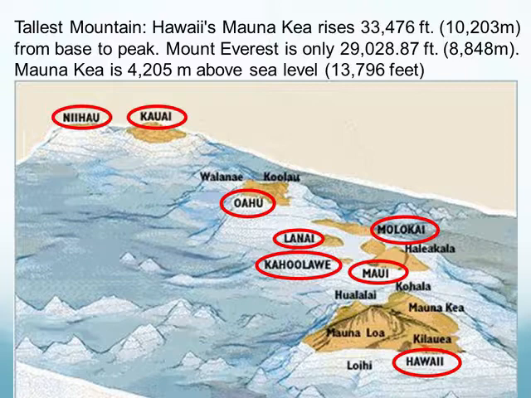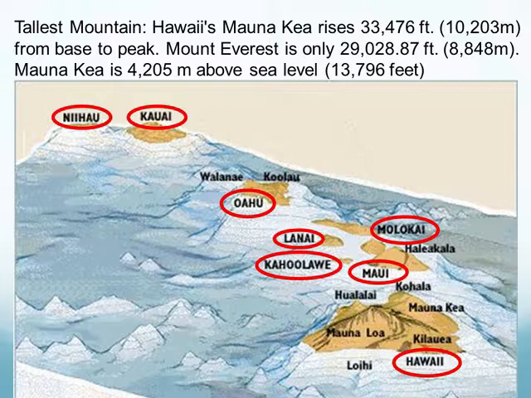Now, when you measure it from the base to the peak, that height is actually just over 10,000 meters. But when we measure Mount Everest, we measure it from the base to the peak, and that gets you just under 9,000 meters, but its base is at sea level.